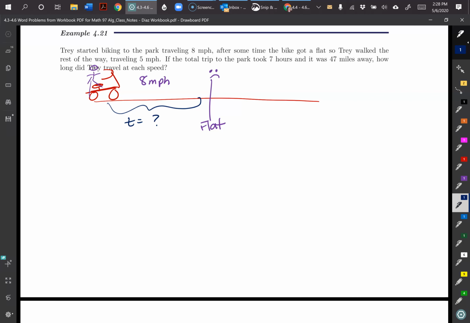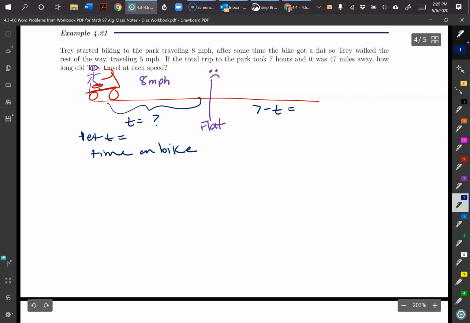So we have to think about that. We know the whole time took 7 hours. So we're going to say let t equal time on bike. And then if the whole thing is 7 hours, we would have 7 minus t as the rest, right?